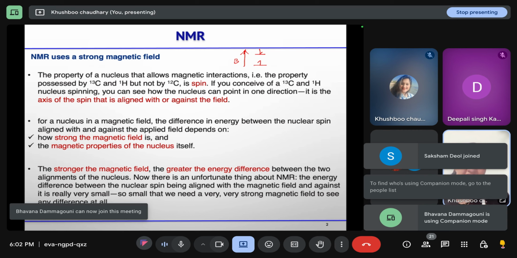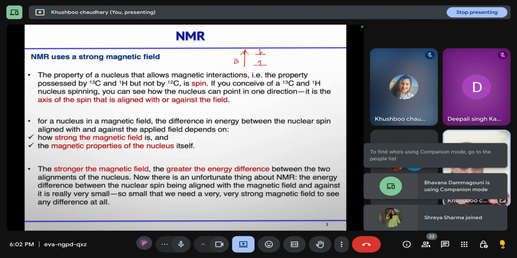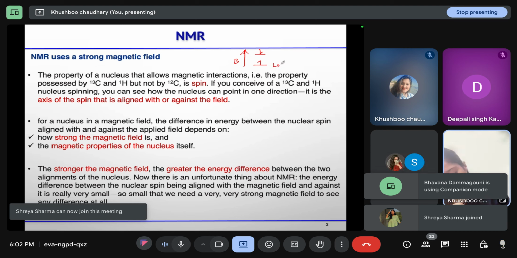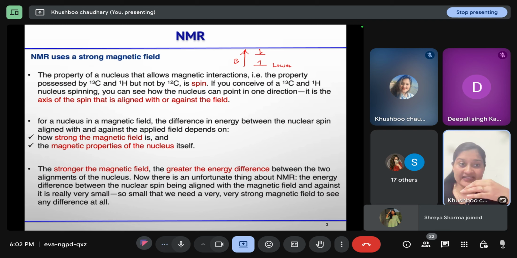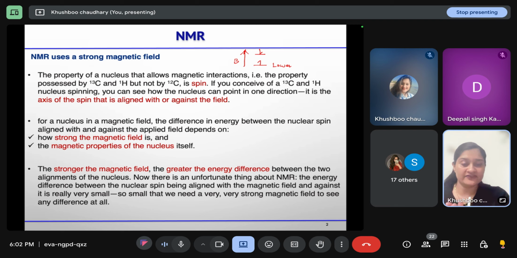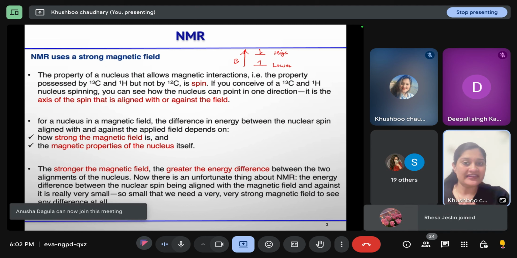When it aligns along the field, its energy is less, so that is the lower energy state. If it aligns opposite to the field, that is the higher energy state. For a nucleus to go from the lower energy state to the higher energy state, some energy is needed, which we supply by the applied magnetic field.